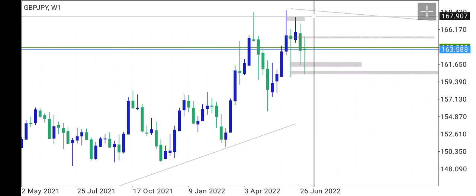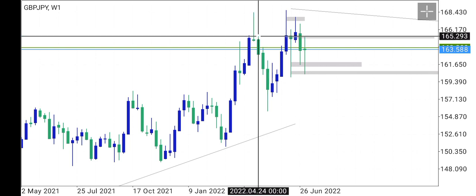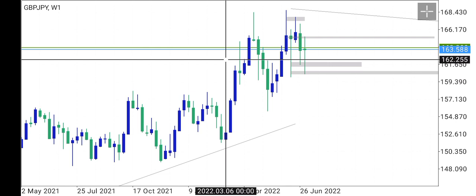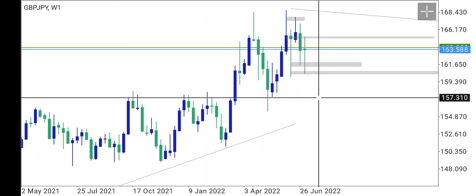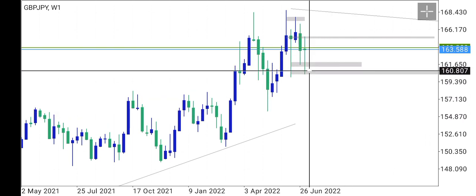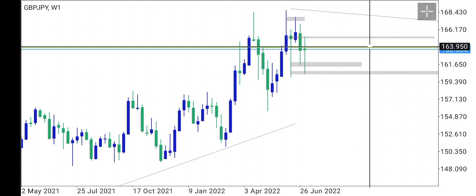Price pushed up, and now it's still going down. As you can see, it's going down. This doji candle is showing what happened yesterday.